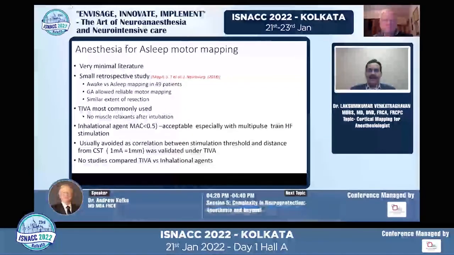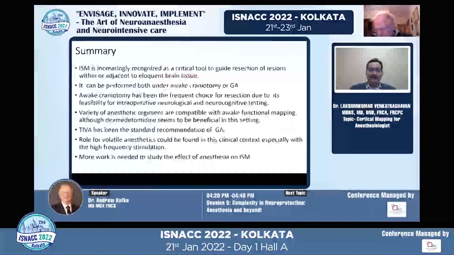However, most surgeons and neurophysiologists are very reluctant to use inhalational agents, because most of the studies looking at the correlation between the stimulation threshold and the distance from the corticospinal tract were validated only under TIVA anesthesia. As you all know, intravenous and inhalational anesthetics may have quite different effects on the cortical surfaces, so we don't know whether this correlation still exists under inhalational agents. So they still prefer to use TIVA. And currently there are no studies that have compared TIVA versus inhalational agents.